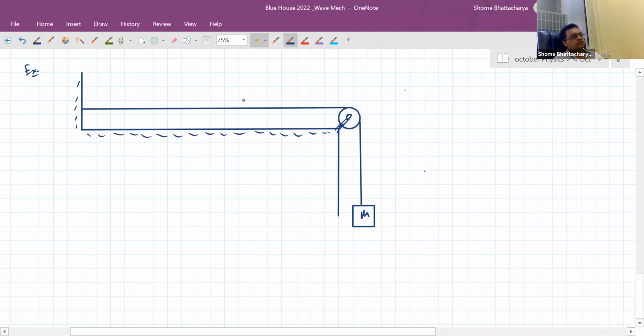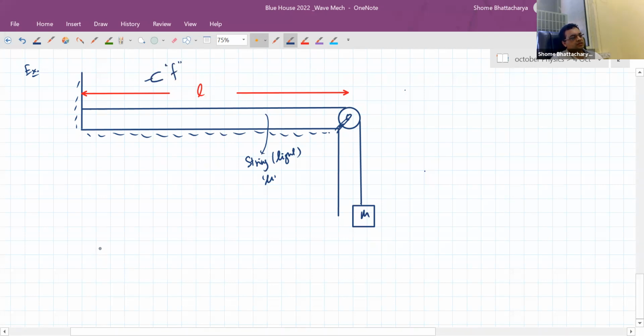So this section of the string from here to here, where it's in contact with the pulley, is of length L. And this is a comparatively light string of linear mass density mu. Now a tuning fork of frequency F is brought here.